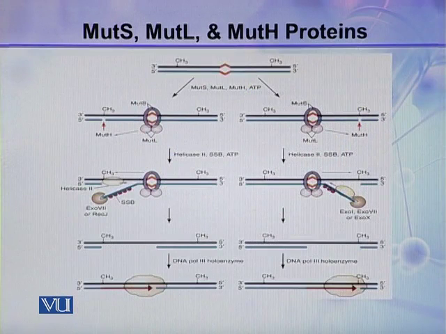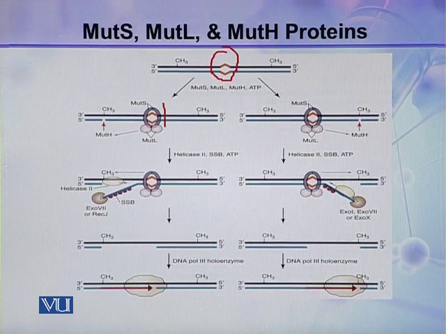So here you can see this is the mismatch site. Here you can see a MutS MutL complex. This complex activates MutH, and this MutH introduces a nick here. So this nick is towards the 3 prime side, and similarly it may be towards the 5 prime side.